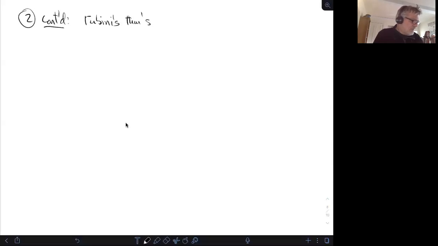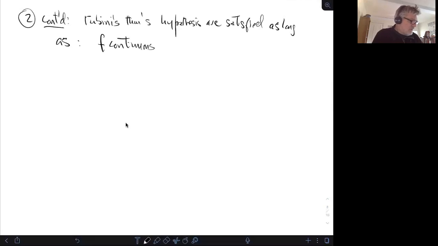Fubini's theorem's hypotheses, so what are requirements, are satisfied as long as, here's the only thing we need to know, f is continuous on the rectangle, but that's too strong, okay?